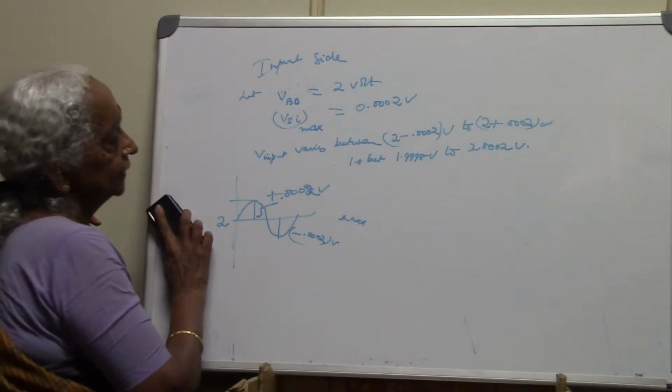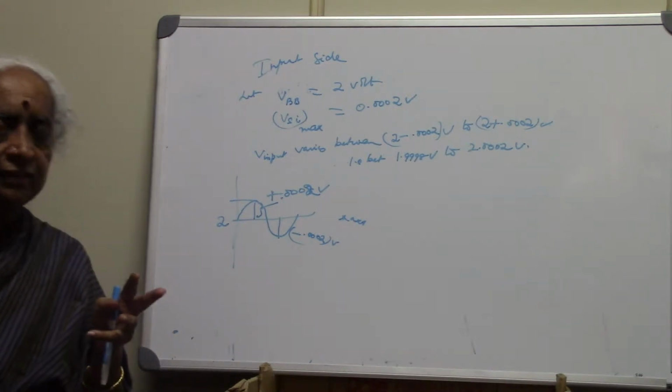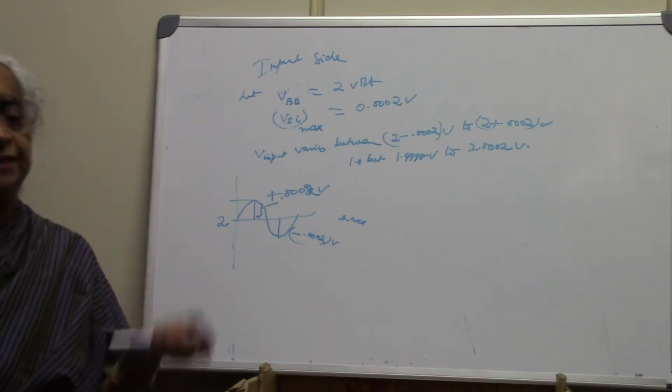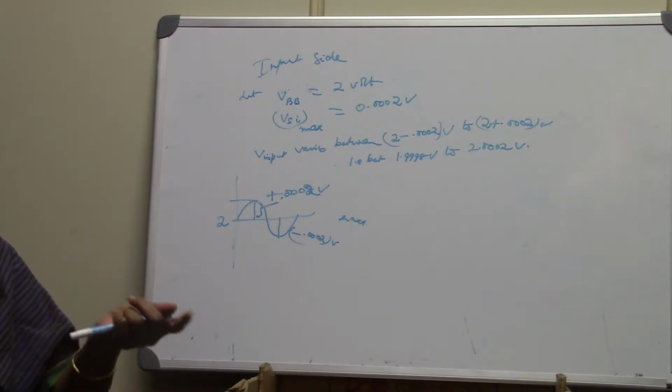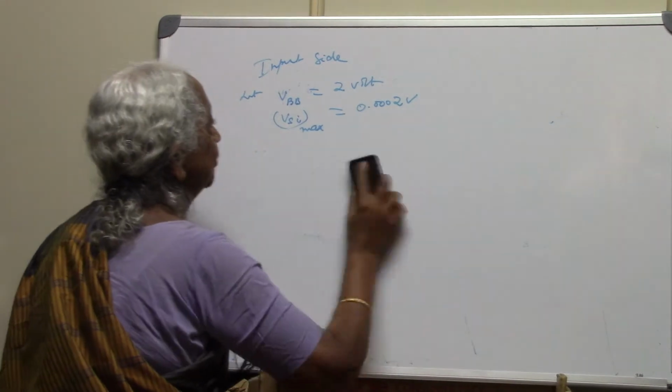Let me draw the tabular column for VI effective. VI effective is always the constant VBB plus the varying input signal, AC varying, simple harmonically varying signal. Let us now see how it is going to vary.